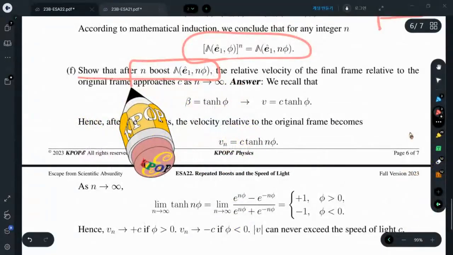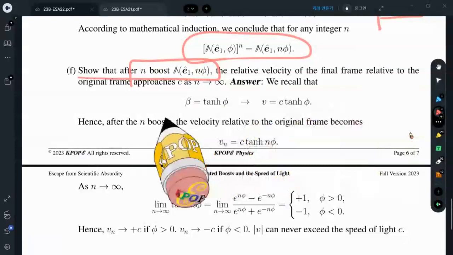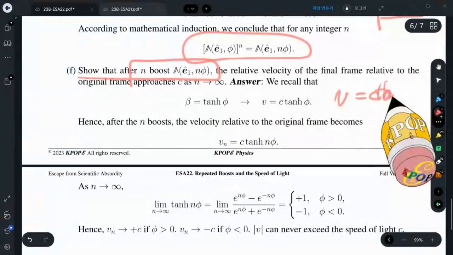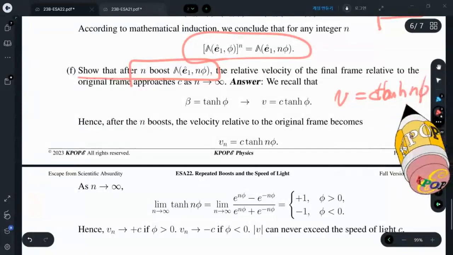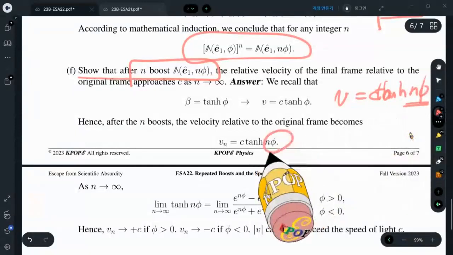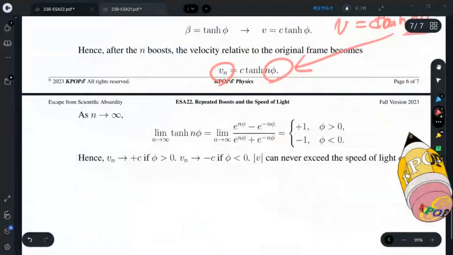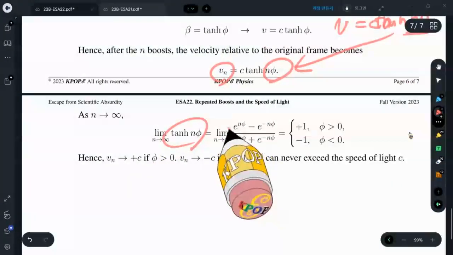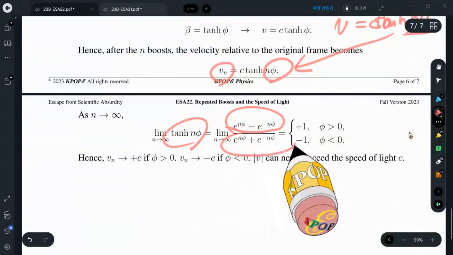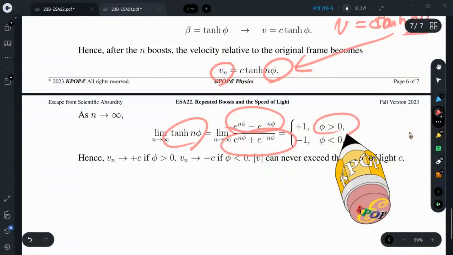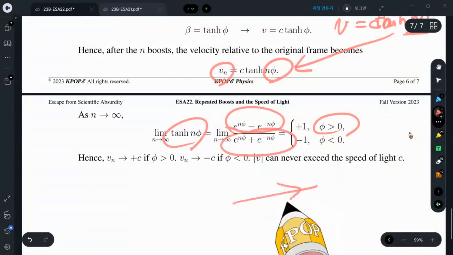After the n boosts, my velocity becomes v equals c tanh of n phi, which is sinh n phi divided by cosh n phi. I choose phi to be positive, a forward boost.